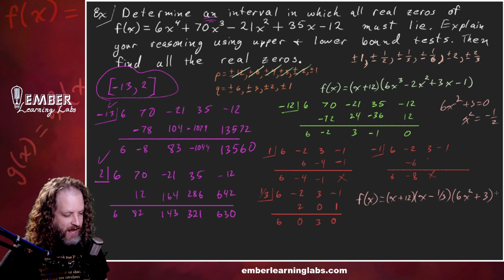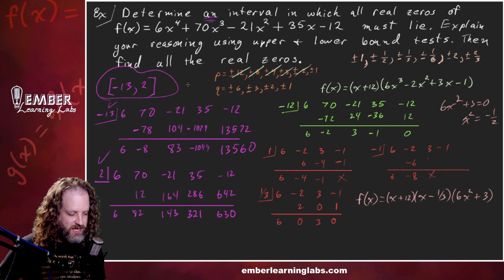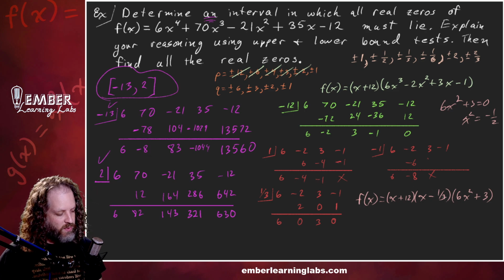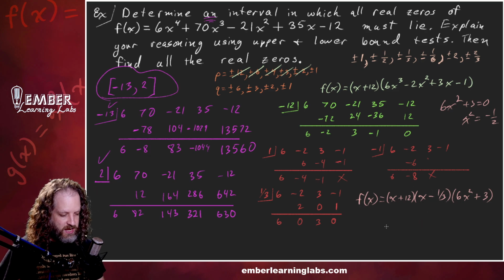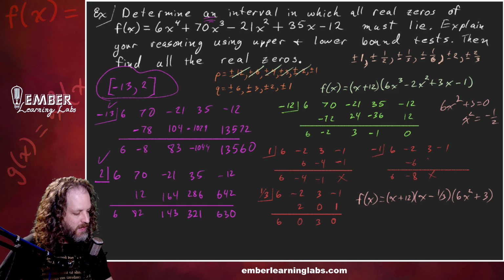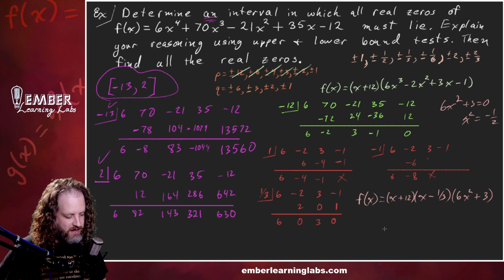And so we don't have any more real zeros at that point. So we are actually done with this. The 2 zeros that we found are negative 12 and positive 1/3.